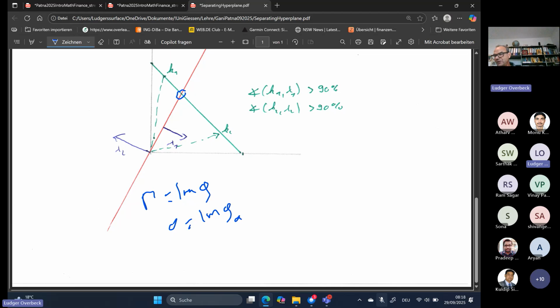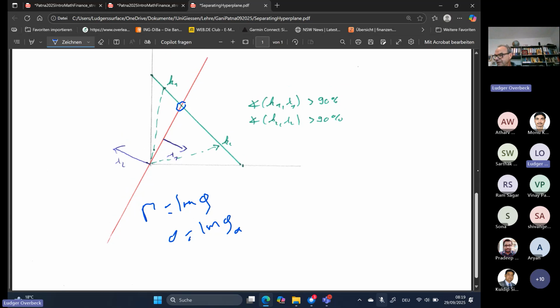So then you don't get a vector lambda with the two properties that it is orthogonal to the values, the current value minus future values, and that it has an angle smaller than 90 degrees. So here you have an arbitrage.